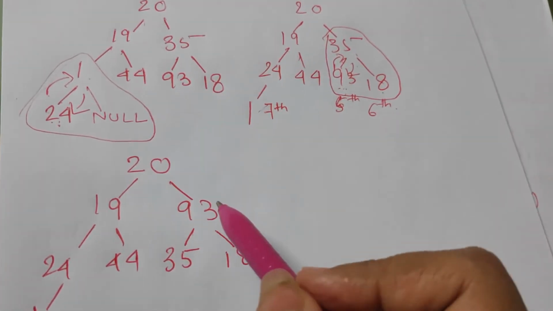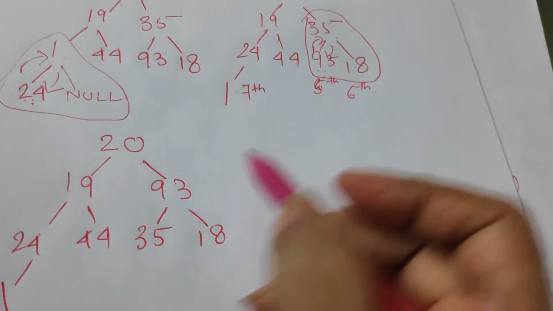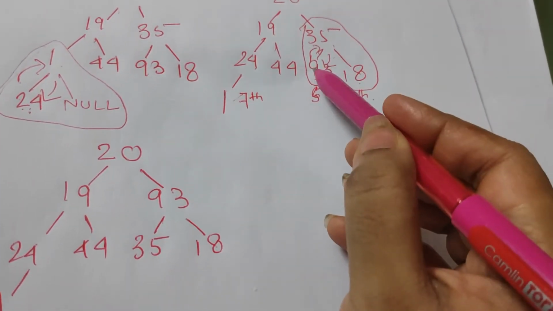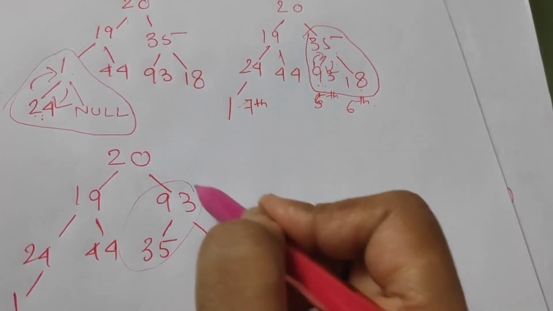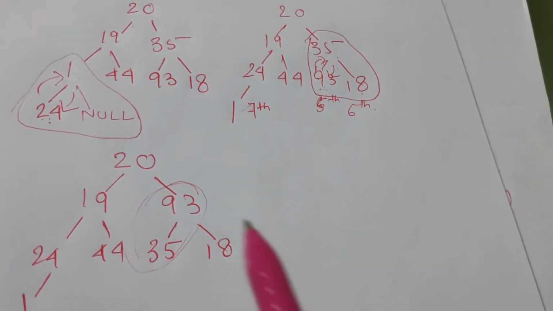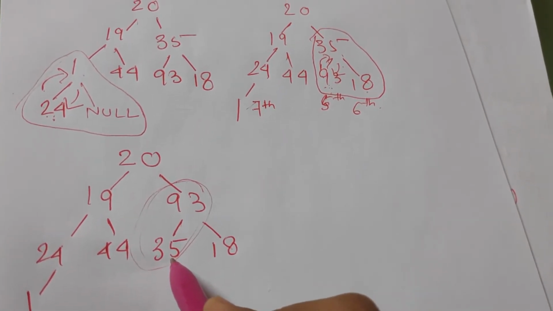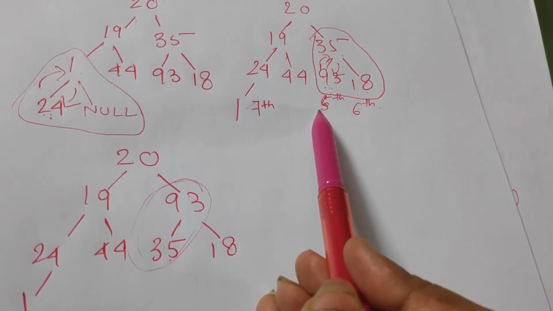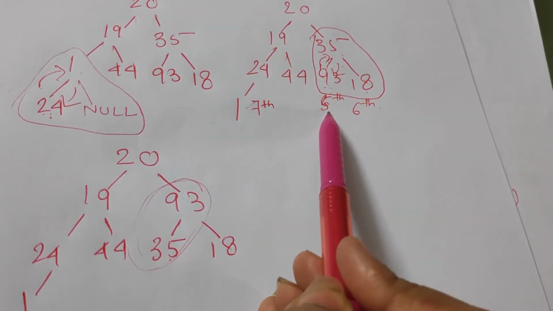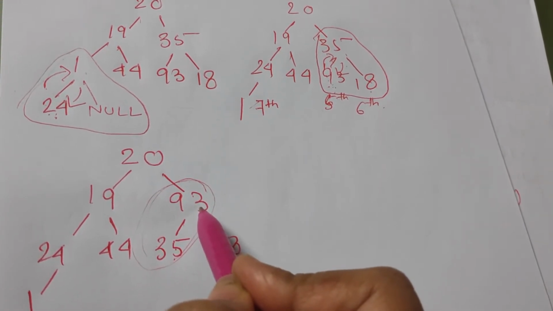Now, in the normal case, we should not stop over here. Once we have swapped 93 and 35, once a change has been made, we will check the place where we have swapped. That means 93 was at the 5th position, which has been interchanged with its parent node, correct?